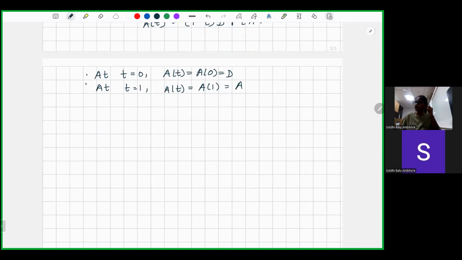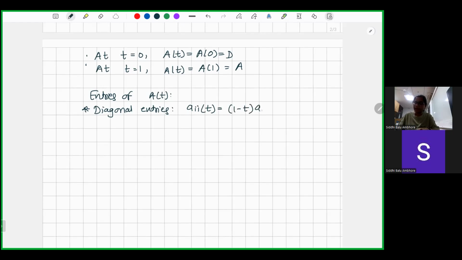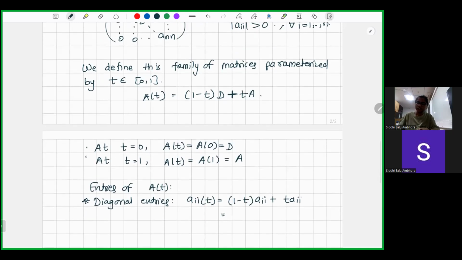Now if we check the entries of A(t), the diagonal entries are (1 minus t)aii plus t aii, right? We are just following this formula.